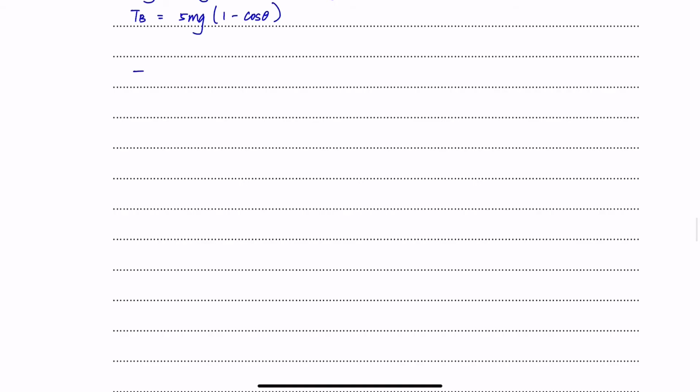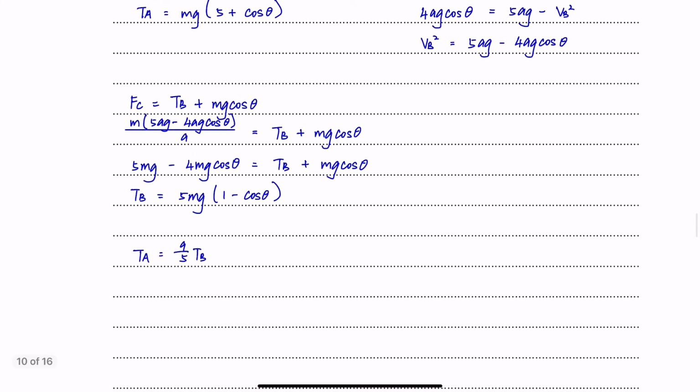So we can use this info. TA equals to 9 over 5 TB. So TA would be mg times 5 plus cos theta equals to 9 over 5 times TB, which is 5 mg times 1 minus cos theta.